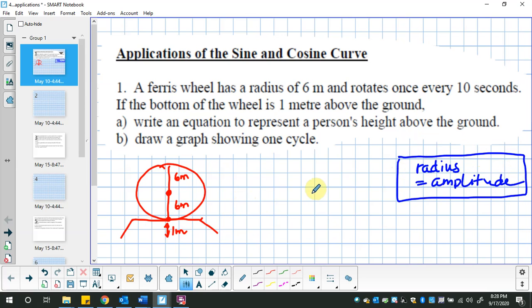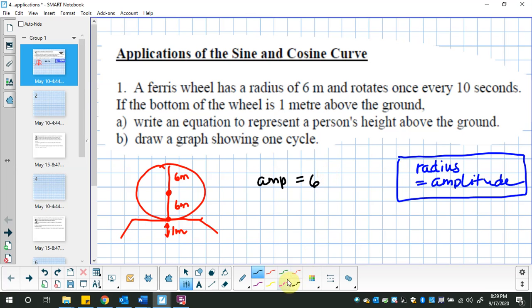So in this question, I know that my amplitude is 6. Now I'm not sure if that means that when I put this into the equation, it's a positive 6 or a negative 6, that will be determined.